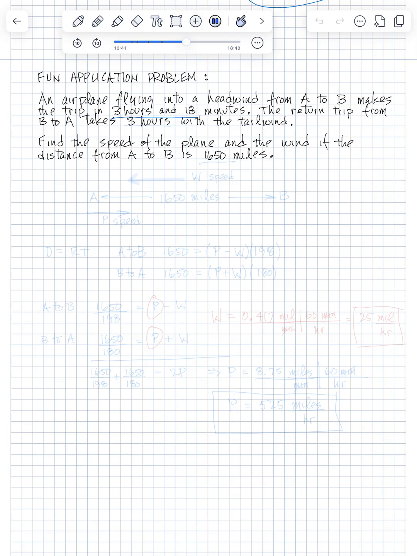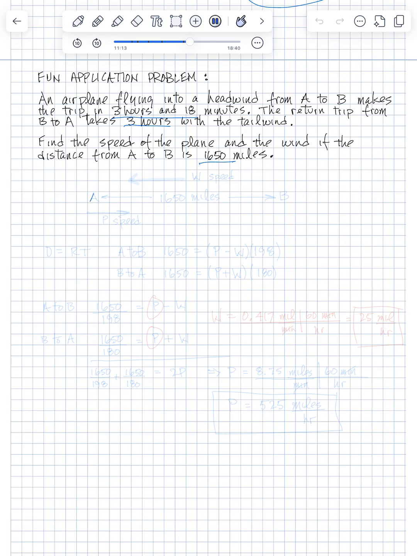The return trip going from B to A takes 3 hours, and it has a tailwind at that point. So we need to find the speed of the plane and the speed of the wind if the distance from A to B is 1,650 miles.